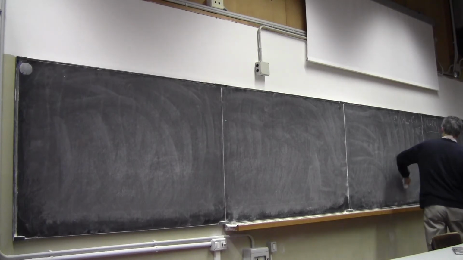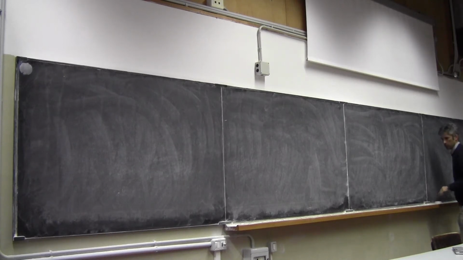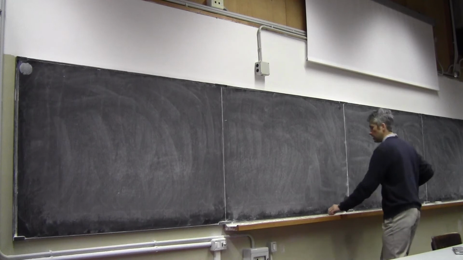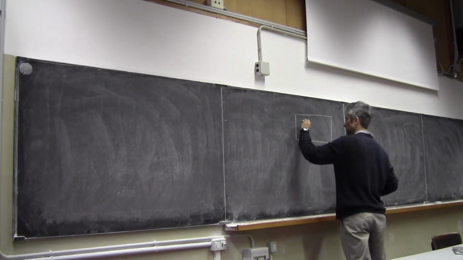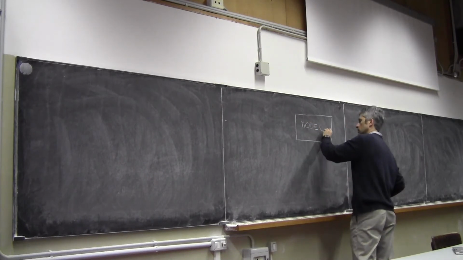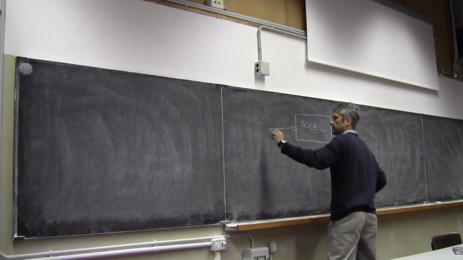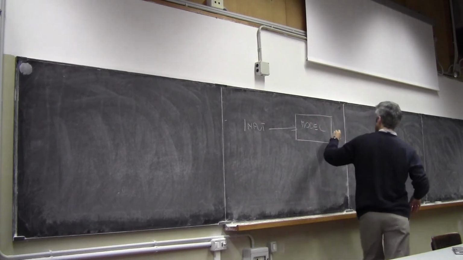And in fact, if we want to write a mathematical model to describe the rainfall runoff relationship, as I anticipated, we have to build a box which contains some mathematical equations to transform the input to the output.